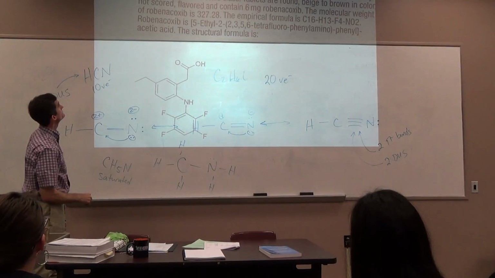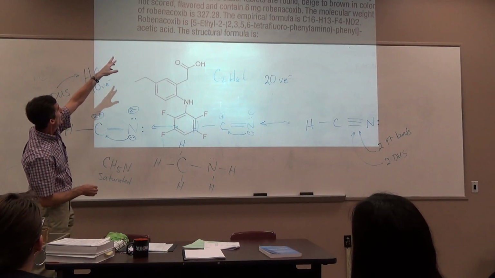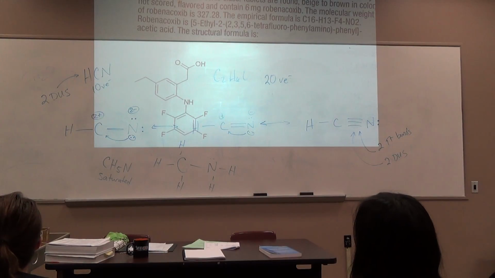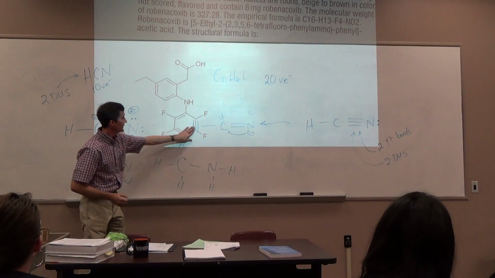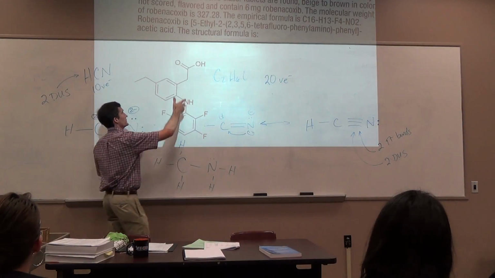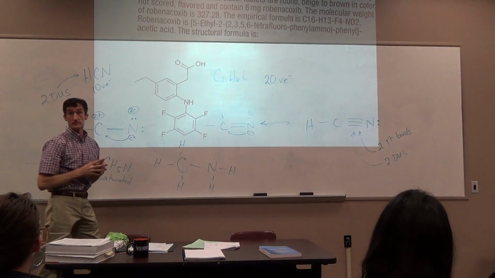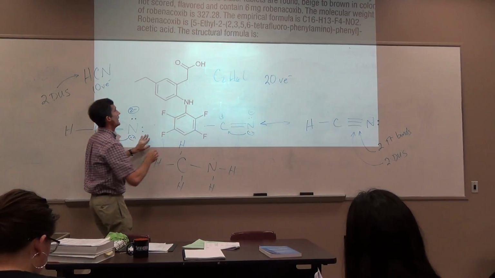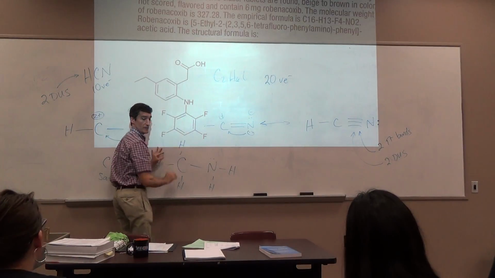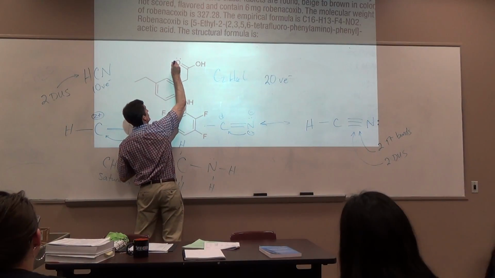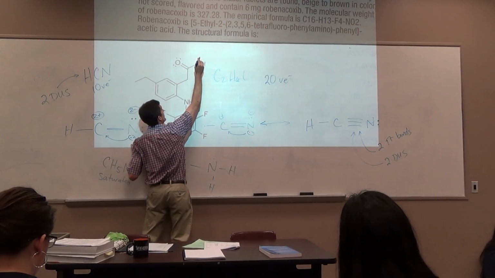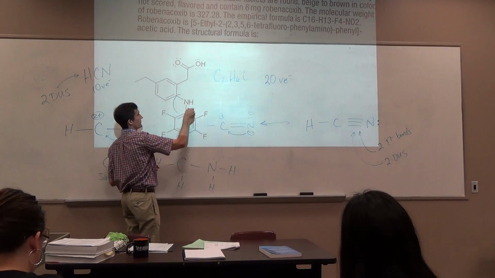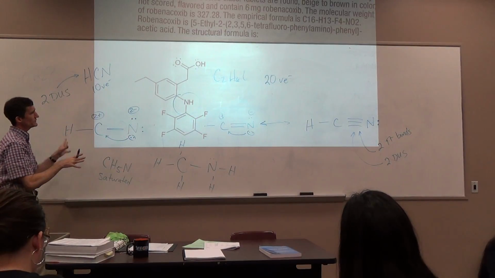If you want the name, it's up there. Robenacoxib. It's a COX-2 inhibitor for cats. Here's your fluorine. Functional groups. This is a common arrangement here. This is carboxylic acid. It's just a term we can call it. Now I can refer to it. Say, hey, look at the carboxylic acid. Carbon with 4 bonds. Oxygen. How many lone pairs on that oxygen? 2. We know how many lone pairs. How many lone pairs here? 2. 2 bonds, 2 lone pairs. This is sort of an aniline or an amine. The rest is sort of aromatic.